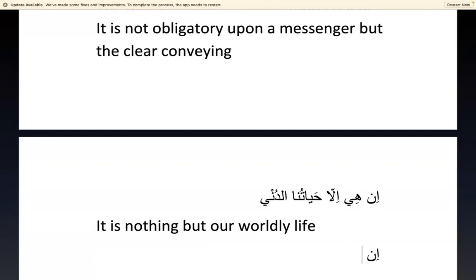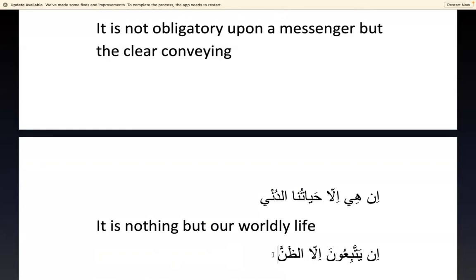In yattabi'una illa zanna. In yattabi'una illa zanna.